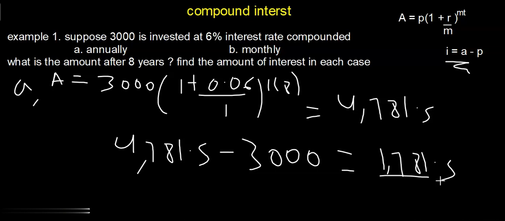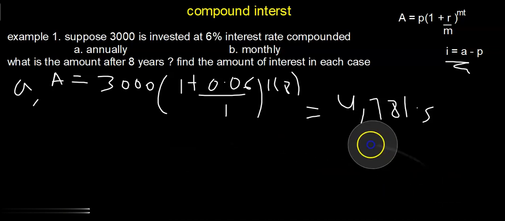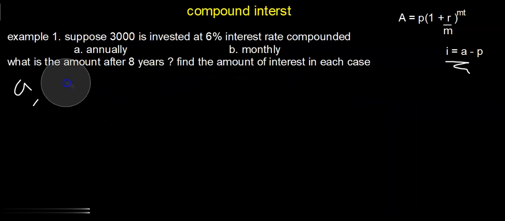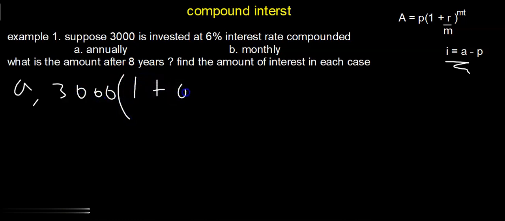Now let's do the monthly, the second one. Let me erase this whole thing. When you count monthly, it's the same thing, but the only difference is monthly means 12. So I'm going to say 3,000 times the whole of 1 plus 0.06 over 12, the whole to the power of 12 times t, and my t is 8.